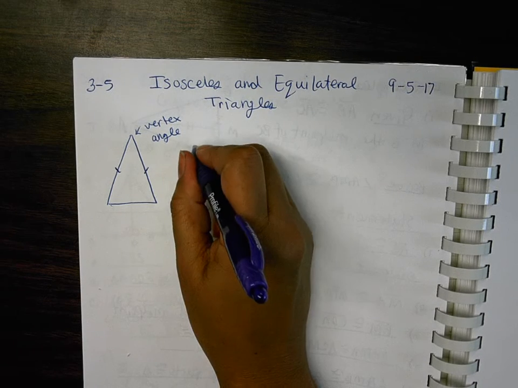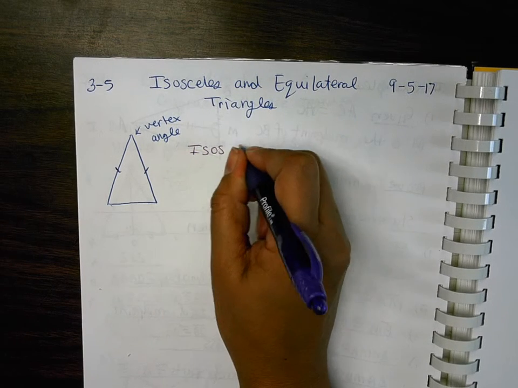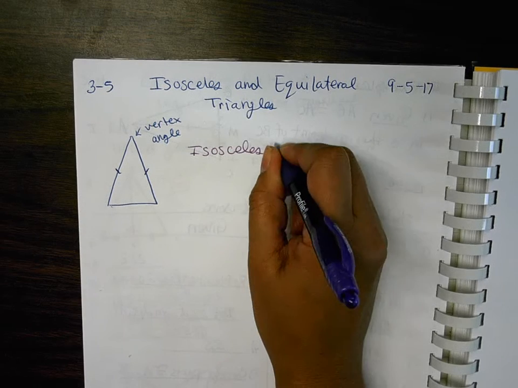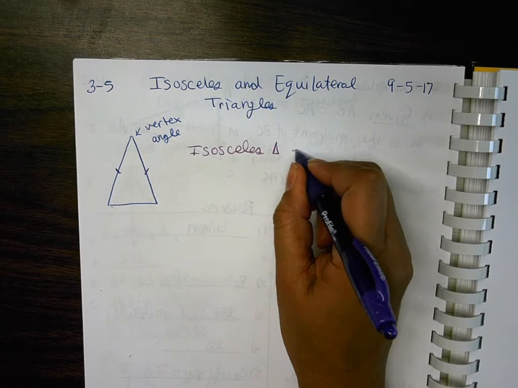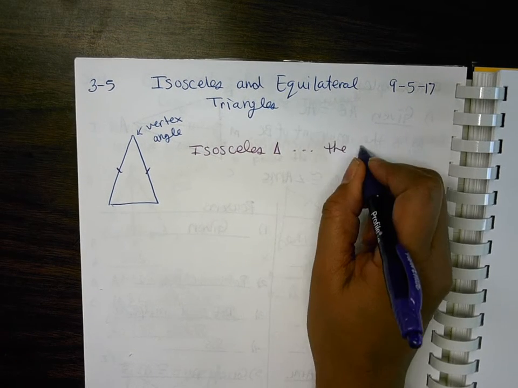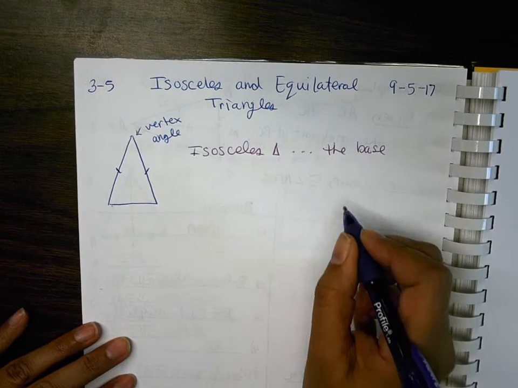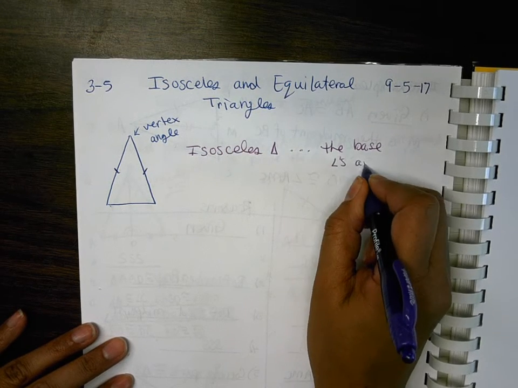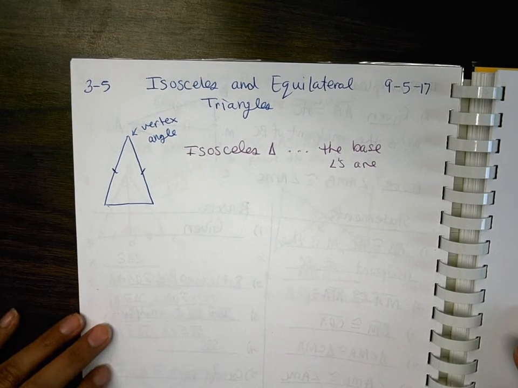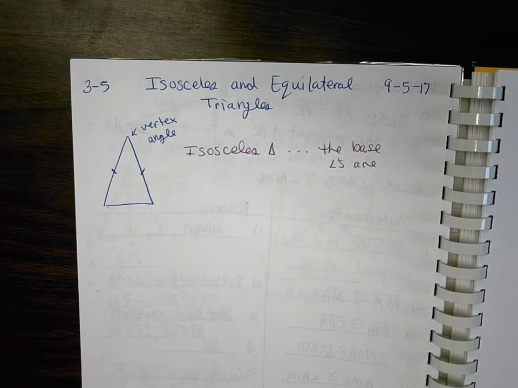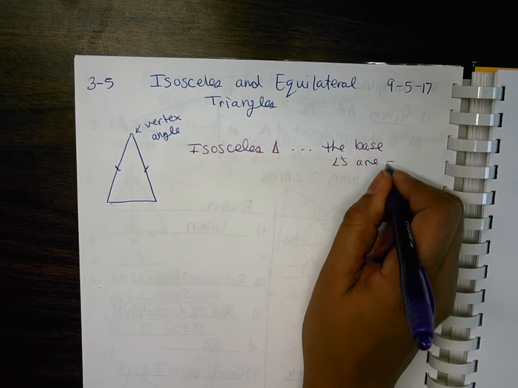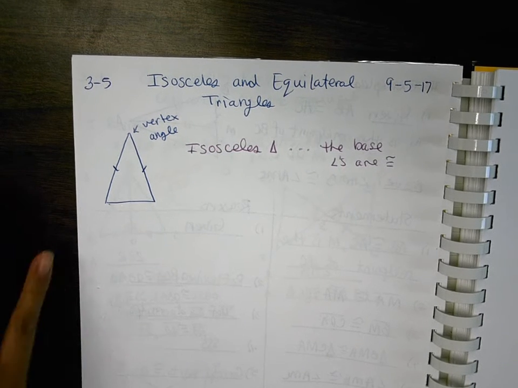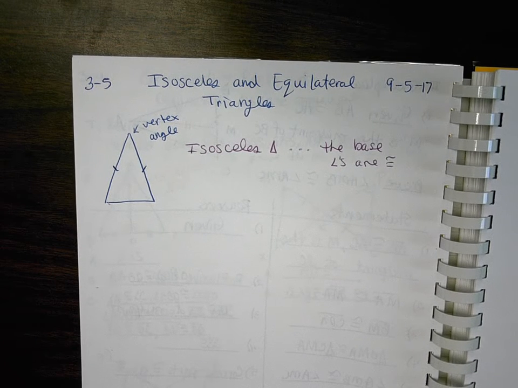All right, so if we have an isosceles triangle, the base angles are congruent. Write it down. If we have an isosceles triangle, the base angles are congruent.